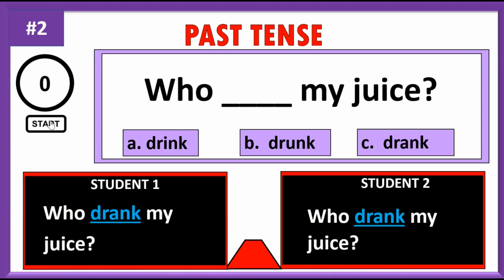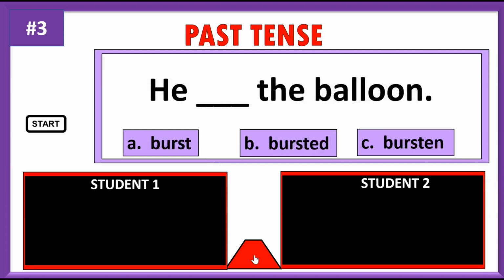If your answer is student 1, then you are correct. And if your answer is student 2, you are also correct because the correct verb is drank. Who drank my juice? Let's move on to question number 3.